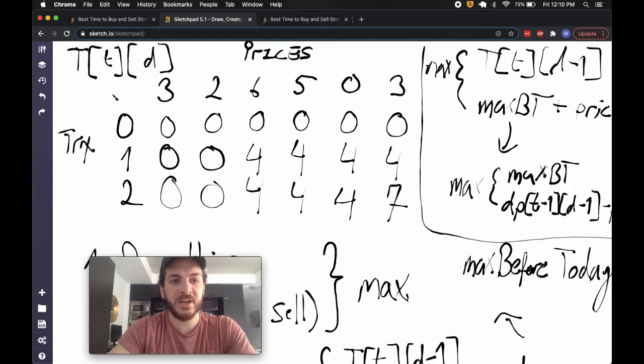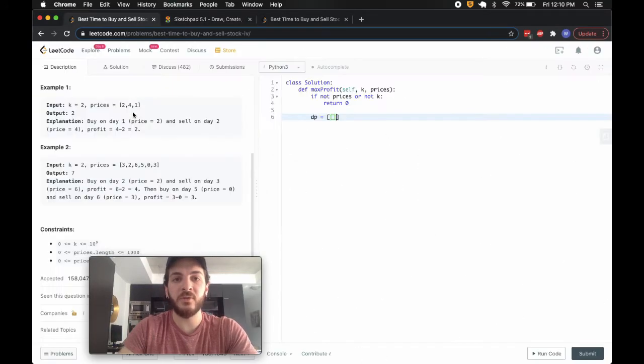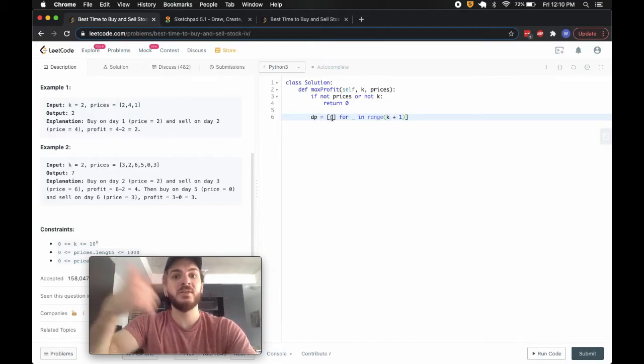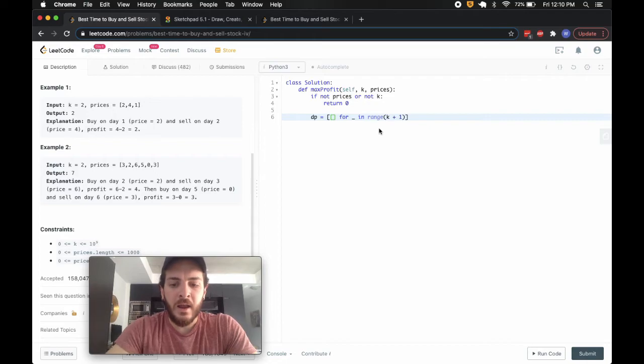We had 2 transactions here, but we went from 0 to 2 because each of these is a possible number of transactions we can execute. So I'm going to have this for the range up to and including k. So we want to have 0, 1, and 2. By default, I'm going to fill in the whole table with zeros in range and the length of prices. Or rather, I could probably just do this as well. That's for the total number of items in prices.